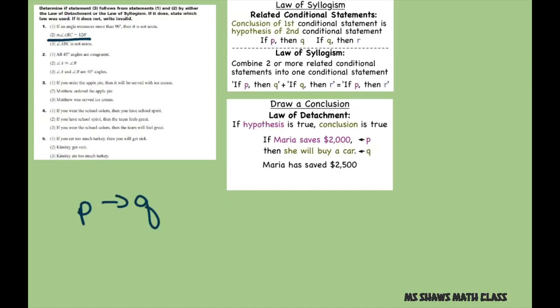That means it's P again, because it's more than 90 degrees. So we have P is true. Therefore, angle ABC is not acute. That means Q must be true. That is the law of detachment.